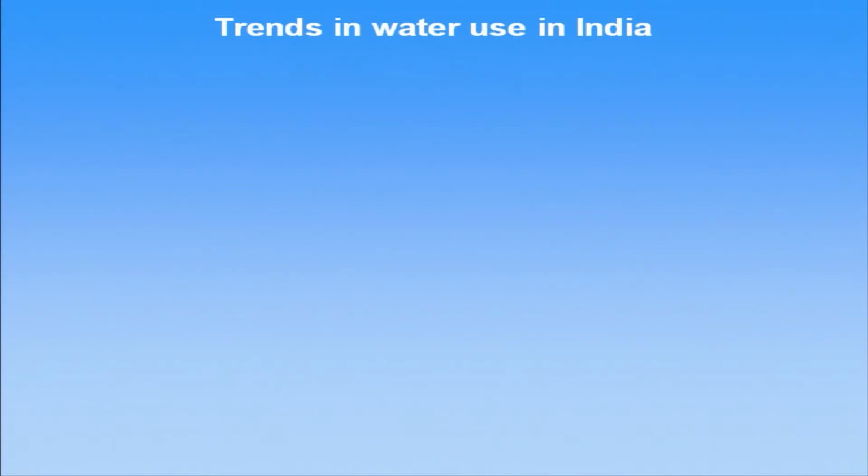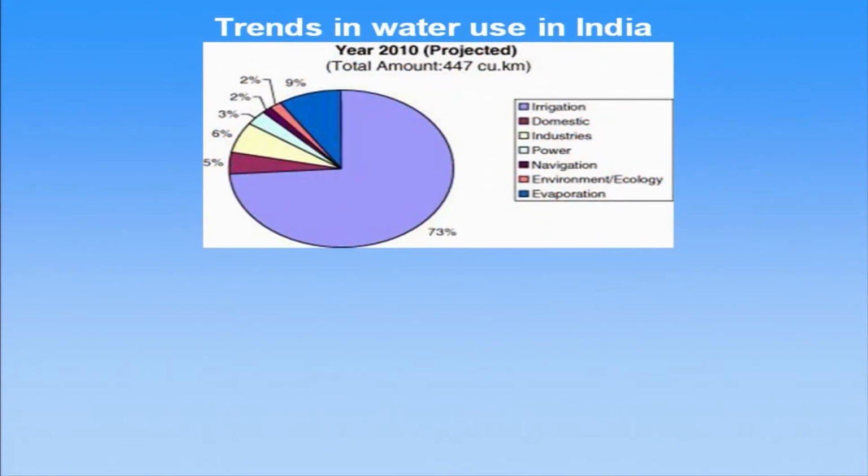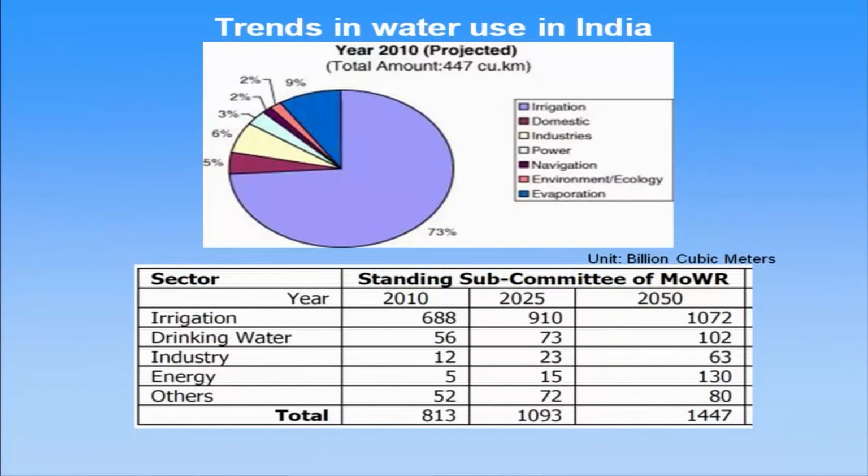And the trend of use in India, if you look at it, 73% is used by irrigation, then comes domestic, industry, power, navigation, environment, economic, and evaporation.